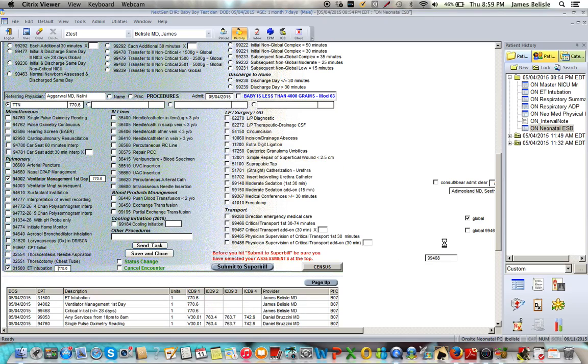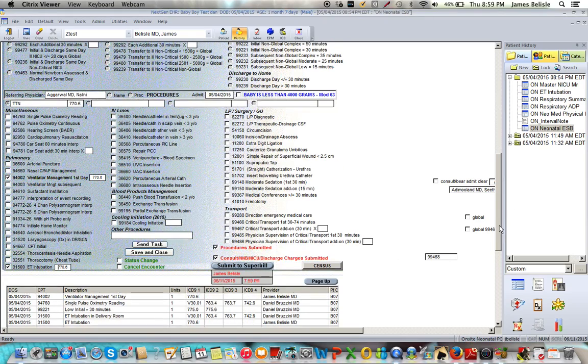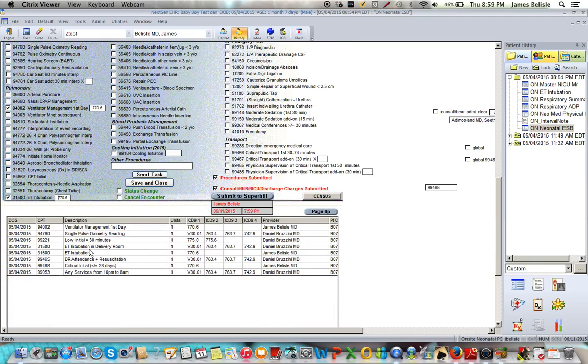And I want you to see down here that I do have two ESBs. I do have two bills for the 4th. One is my critical services down here, and another is for a low initial.